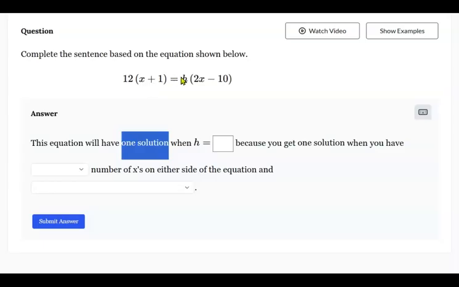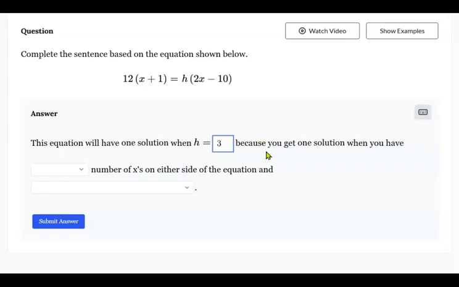Now, on the right, I cannot get a 12x, because if I do, I will have a special solution, and I want one solution. So I need any number in the universe, but not a number that will make this 2 turn into a 12. So 2 multiplied by 6 would make 12.